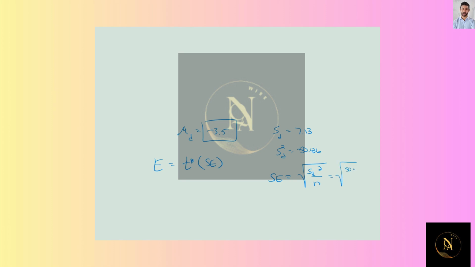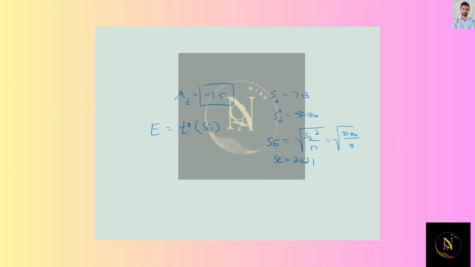So that would be the square root of 50.86 over 8, and that's about 2.52. We're giving the margin of error to 2 decimal places, so I'll take this to 3 places for the standard error.